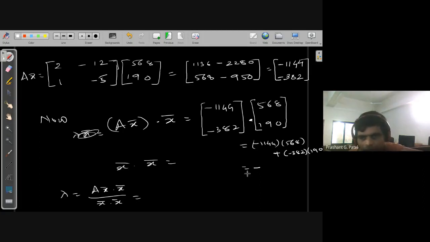And this one is 568 square plus 190 square.